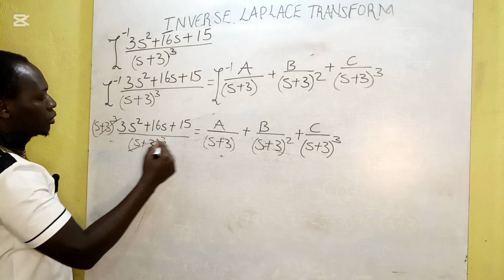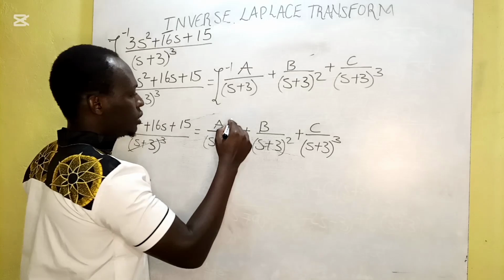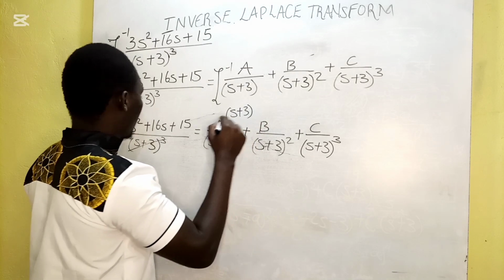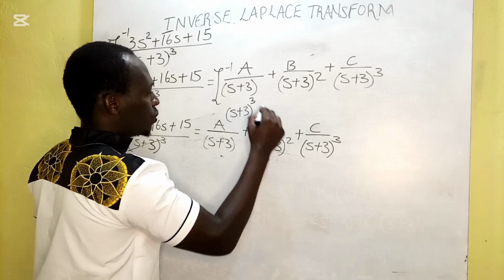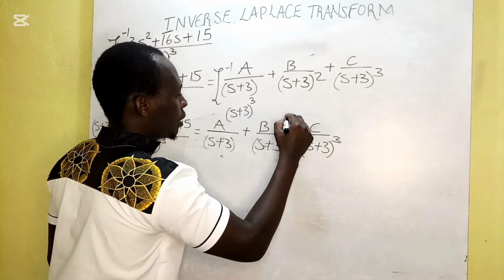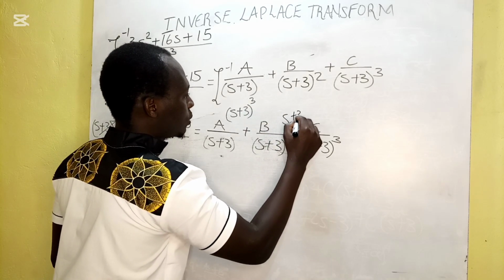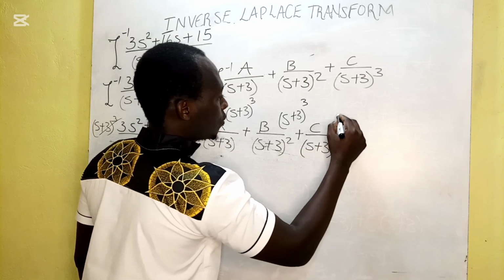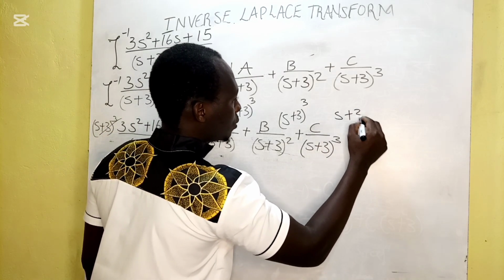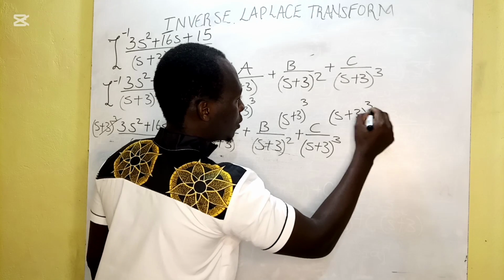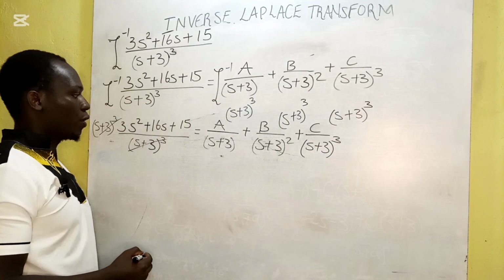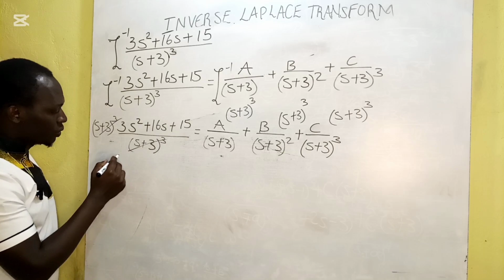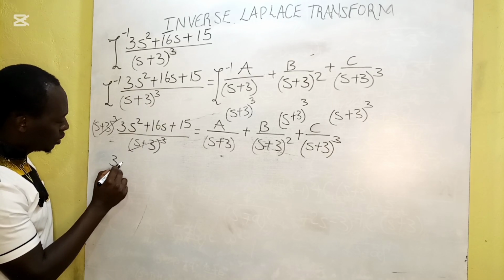These two are going to cancel out, and on this side we are going to have (s + 3) raised to a power of 3. These two are going to cancel out.